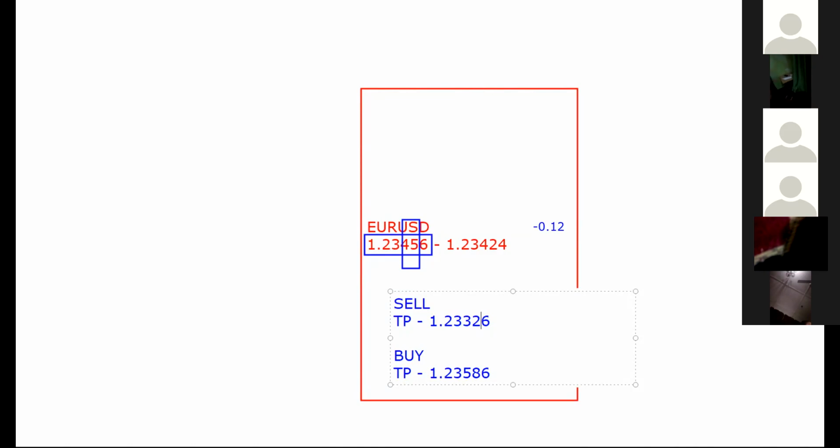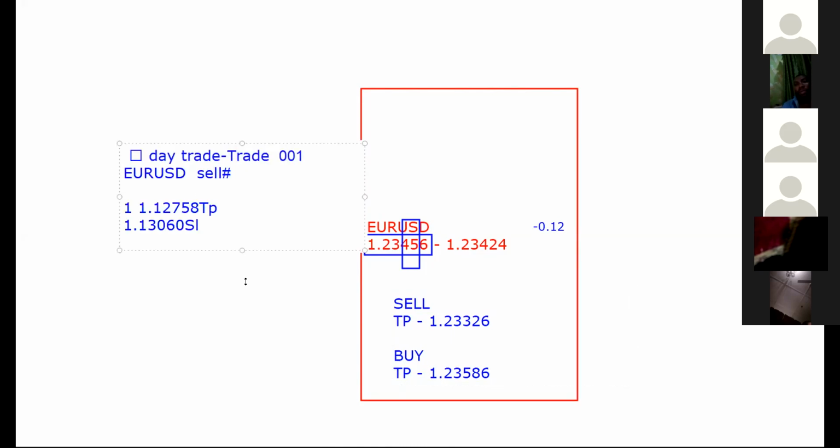So any other trade that I give you, any other trade that is not in this format that I've stipulated, let me share that format again with you. Any other trade that is not in this format, please don't use it in this particular trade account we are talking about.